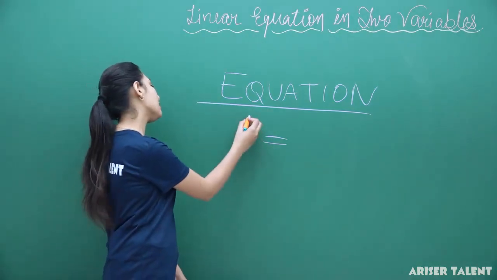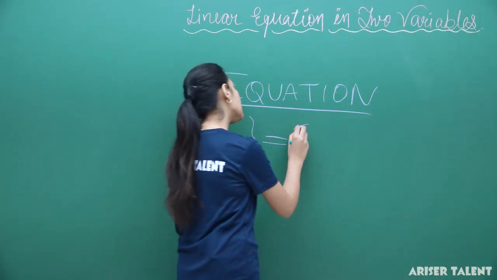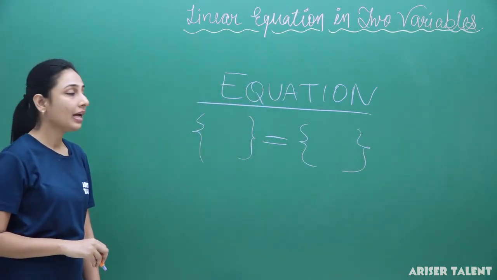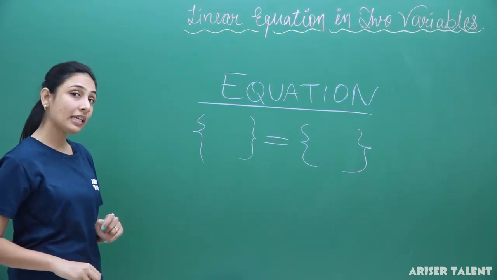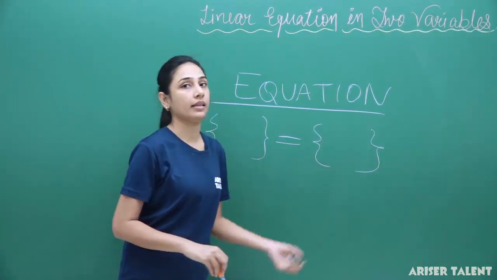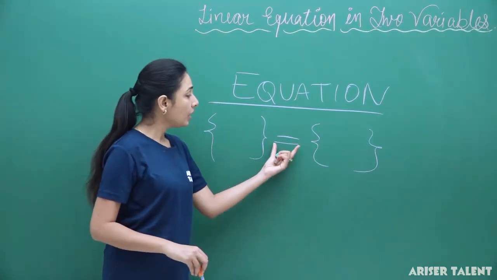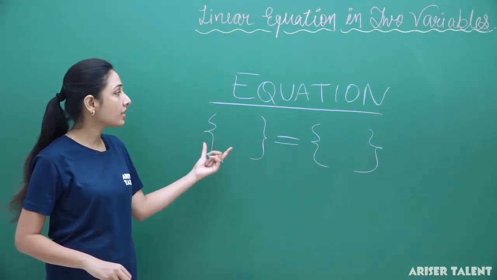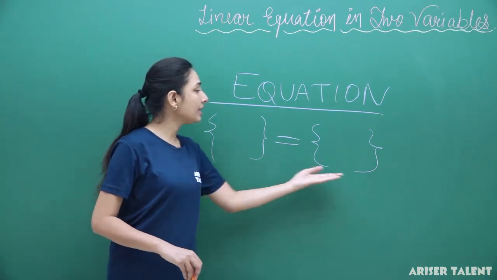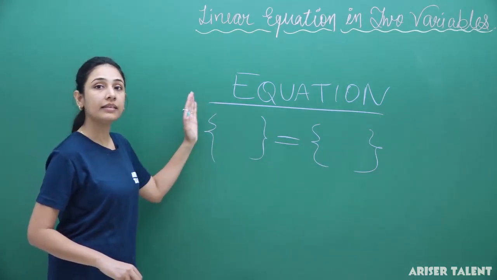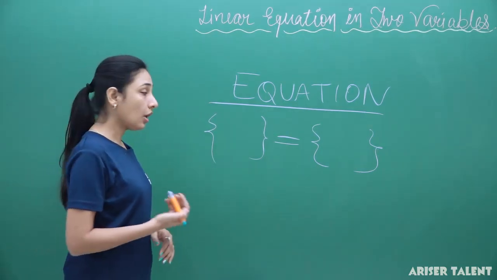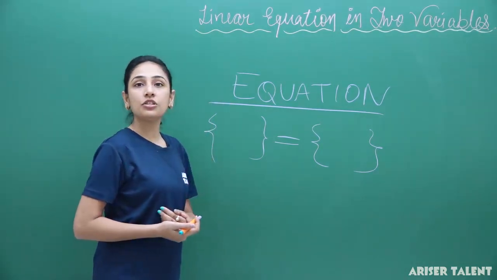We have something this side and something this side, and this side will be equal to this side, and that's why we name this sign the equals to sign. Something like that we consider an equation. Now, what is a linear equation?